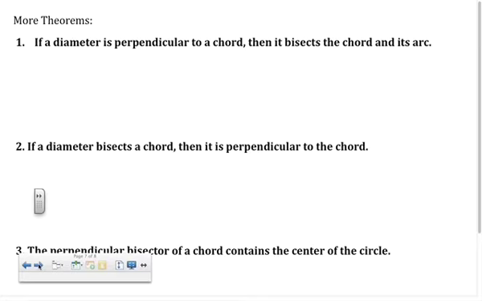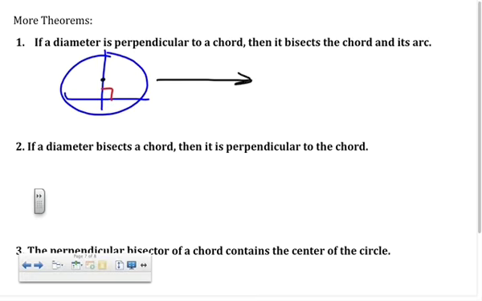And once again, these properties are very closely related. We're talking about the perpendicular bisector of a chord in pretty much every single property. If a diameter is perpendicular to a chord, then it's bisecting the chord and its arc. So I might have this as my if: if the diameter is perpendicular to the chord, then it bisects the chord.